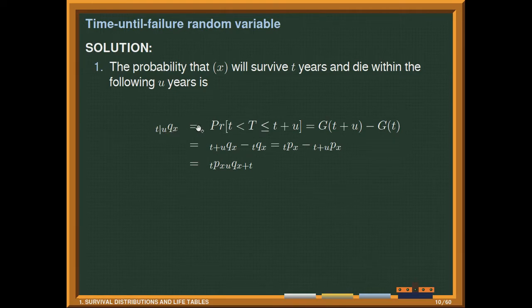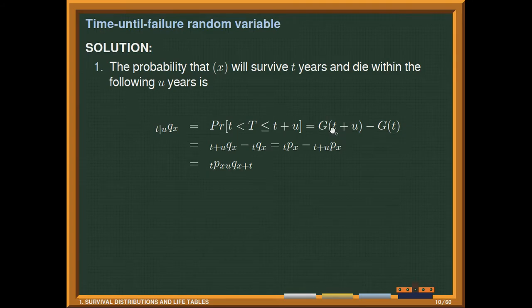So in other words, what we want is the probability that T of x, noting that the person is already age x, or simply capital T, is greater than small t and less than or equal to t plus u. Right? So the person aged x will survive for t years, and then die within the next u years.